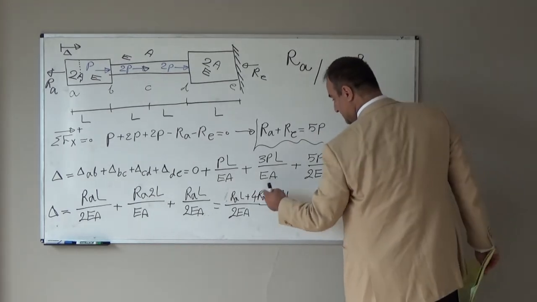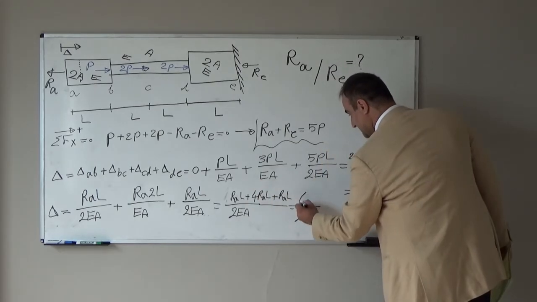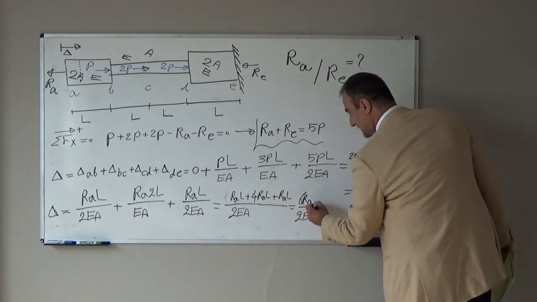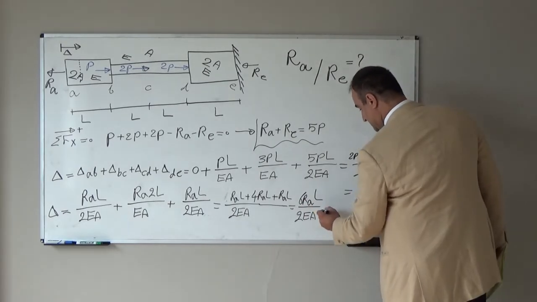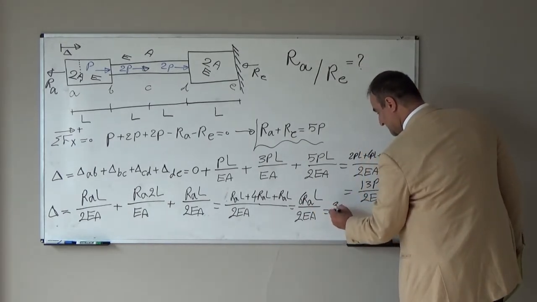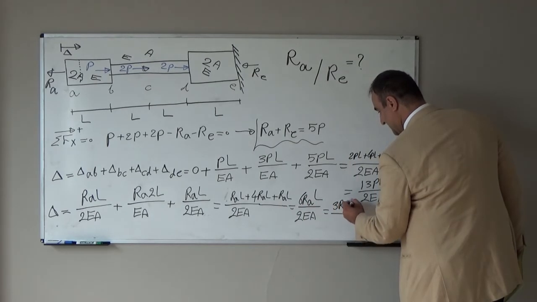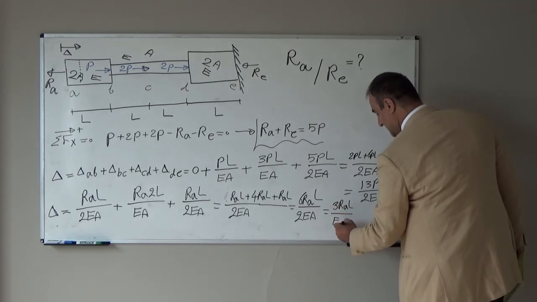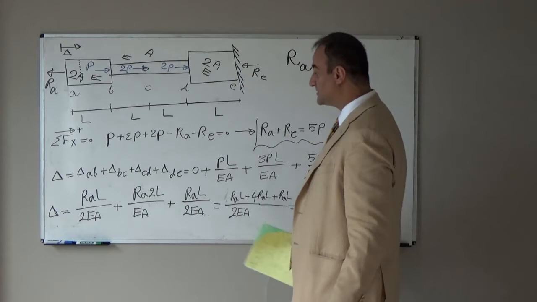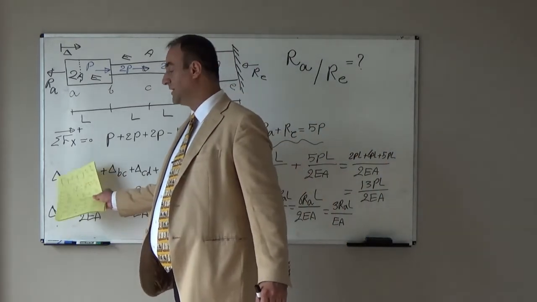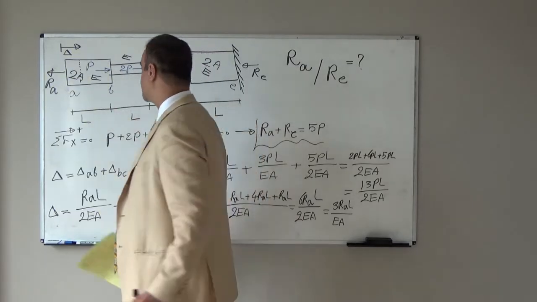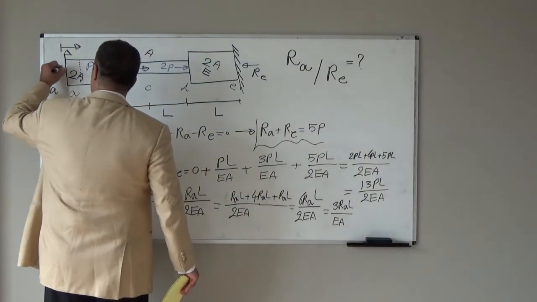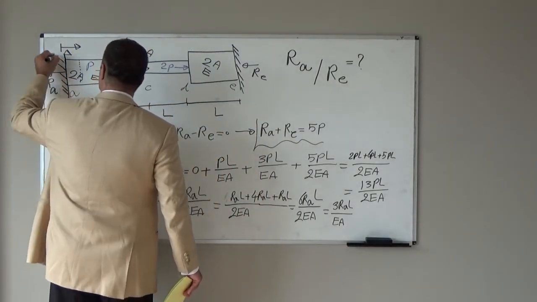If we add it, this will be 6RAL over 2EA. This will be equal to 3RAL over EA. Now these two deformations should be equal because finally we have support here and deformation magnitude is 0.